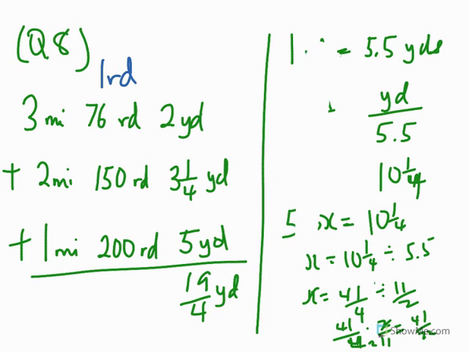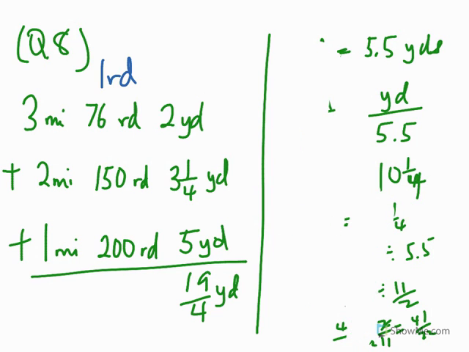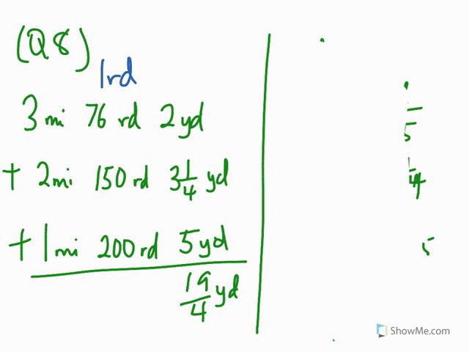I've got to erase this again. And then 41/22, 41 divided by 22 gives you one whole number, and 19/22.